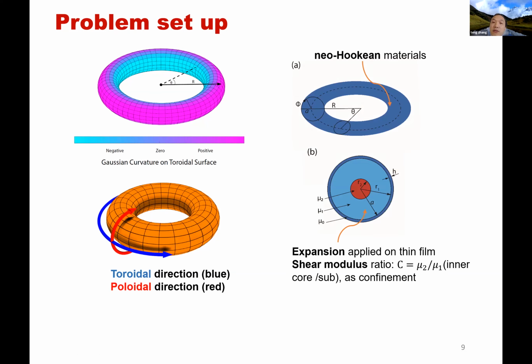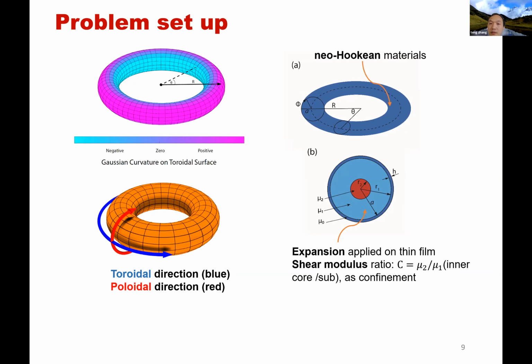For the model, we have a tri-layer neo-Hookean model, and for the material property, we use a simple neo-Hookean material. For the driving force to form the wrinkle, we let the outer layer, this dark blue, expand. In general, the modulus of the dark layer is larger than the light blue, which we call the intermediate layer. We also have a core, the red core, whose stiffness you can tune.